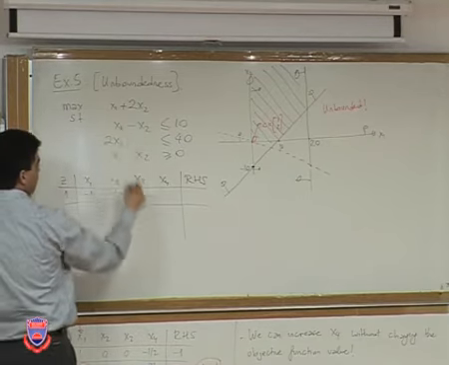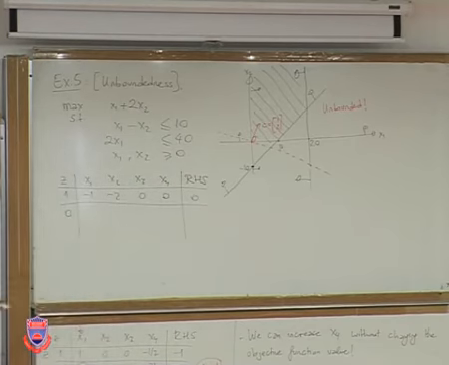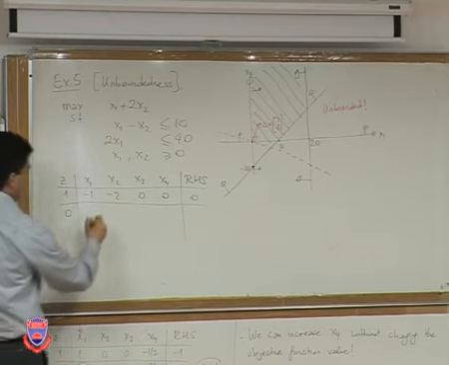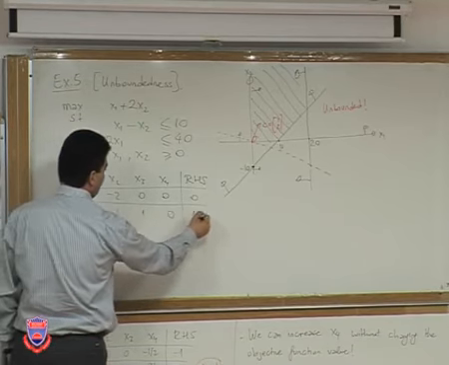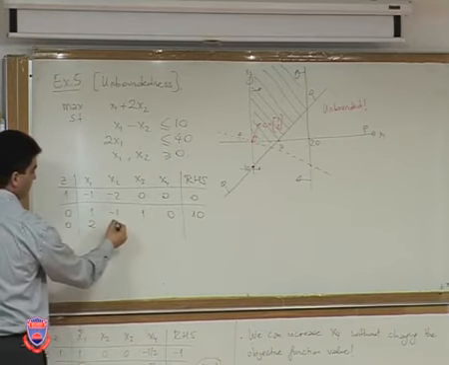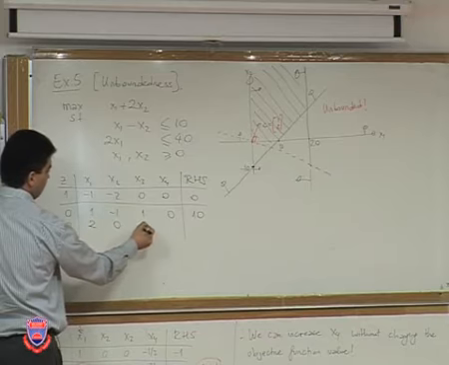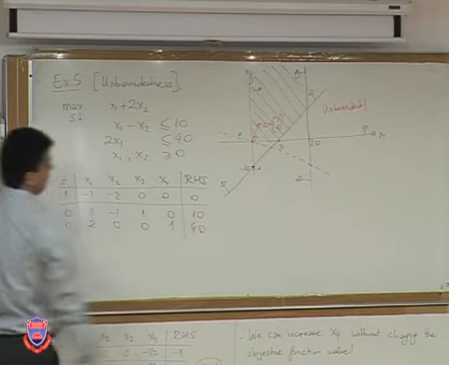I'm negating the coefficients. 0, 0, right-hand side is 0. What about row 1? 1, minus 1, 1, 0, right-hand side is 10. And I'm going to have 2, 0, 0, 1, and 40, right?